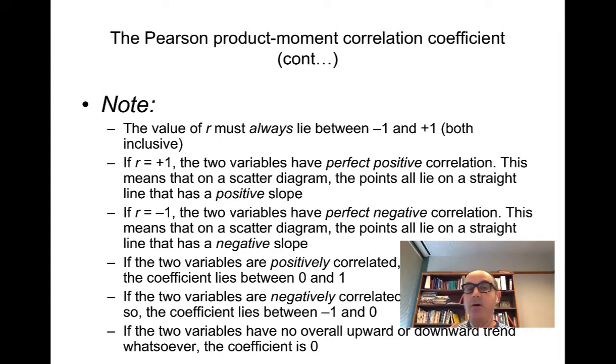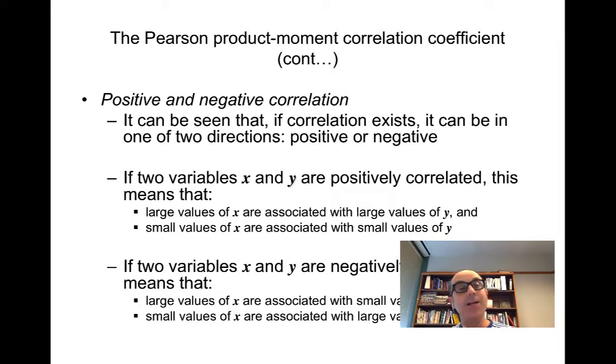The value of r must always lie between -1 and +1, and we also need to consider where the 0 is and how we apply that to the result.